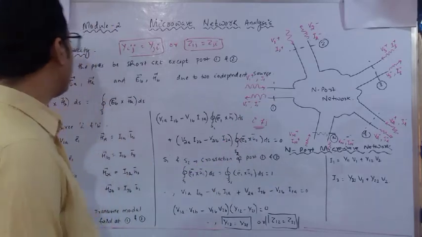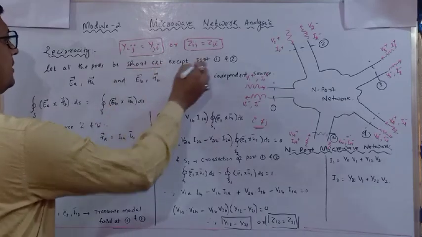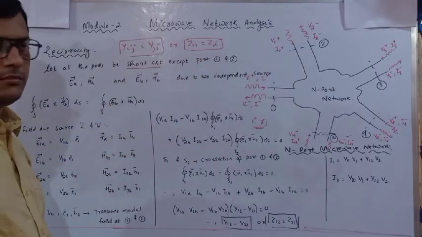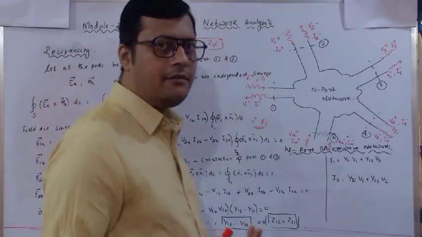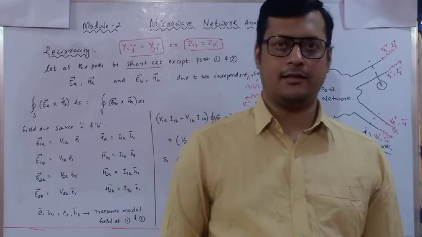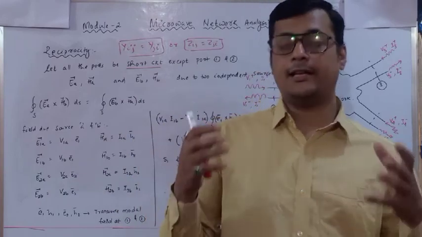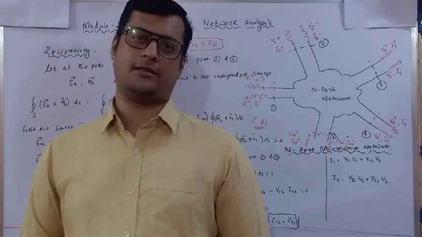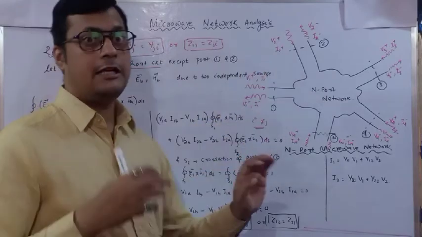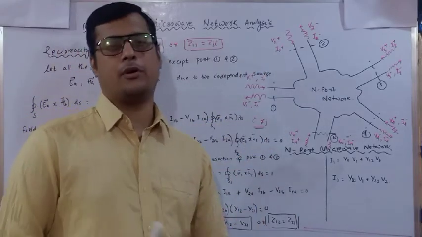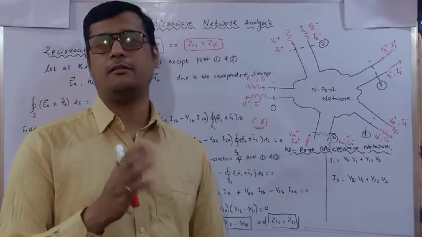Let all the ports be short circuited except port 1 and port 2. Now when we identify with respect to potential and current, when the potential and current are fed to the ports, the electric field and magnetic field come into the picture. In that particular medium, the electric field and magnetic field are going to propagate. So I am analyzing the whole concept with respect to the electric field and magnetic field.